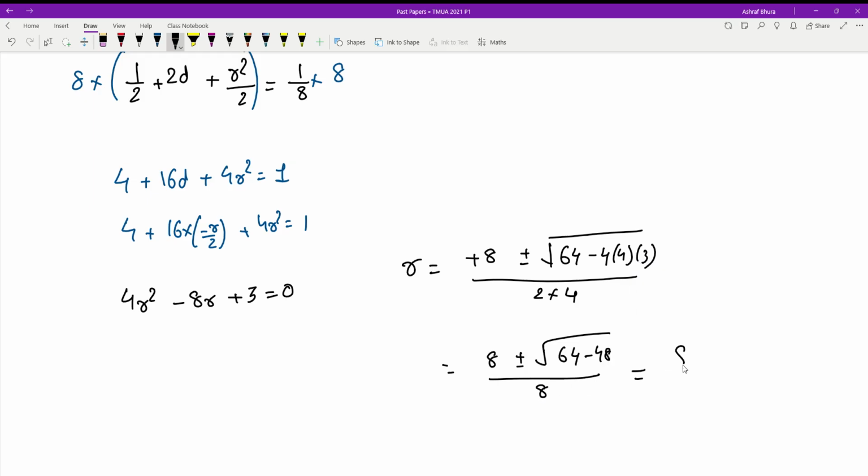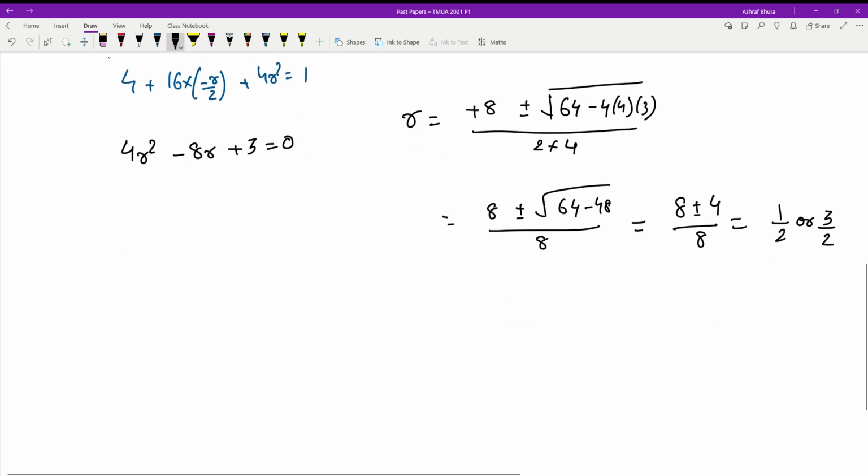Hence this is 8 plus or minus the square root of 64 - 48 = 16, the square root of 16 is 4, divided by 8. So the value is either going to be 1/2 or 3/2. Okay, so r is 1/2 or r is equal to 3/2.